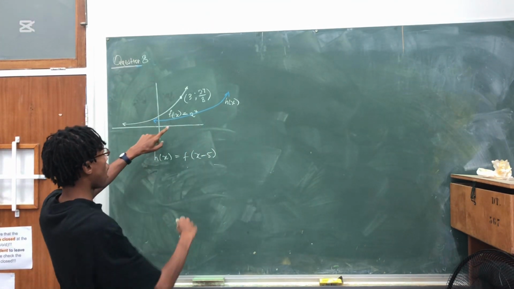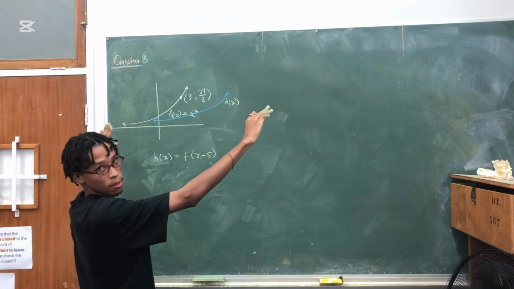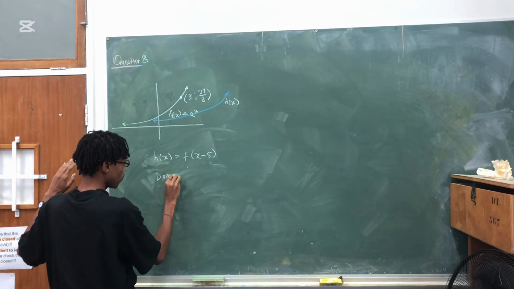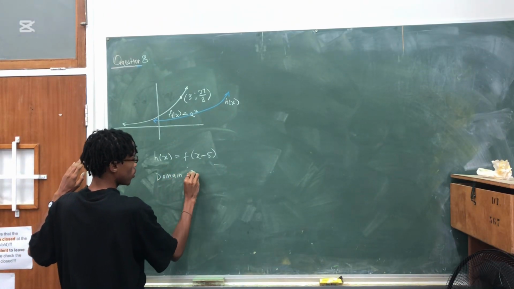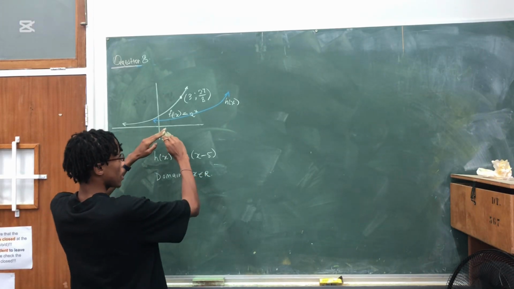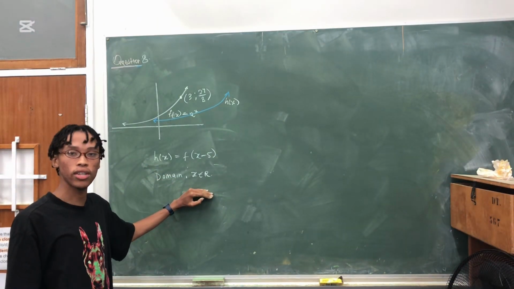And we know that our exponential functions move to infinite numbers. Therefore, our domain is going to be x is an element of real numbers. It covers each and every value.